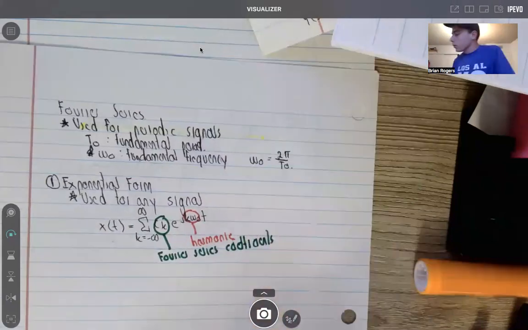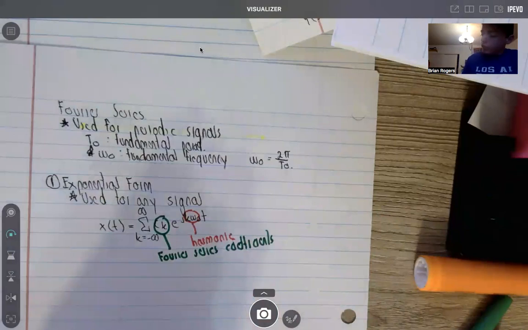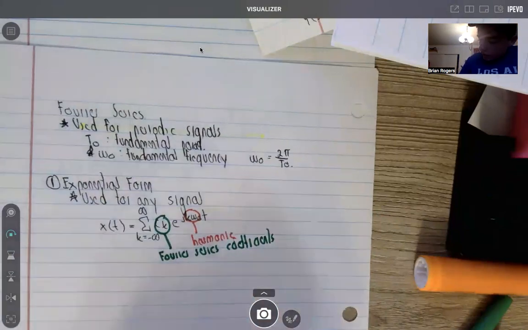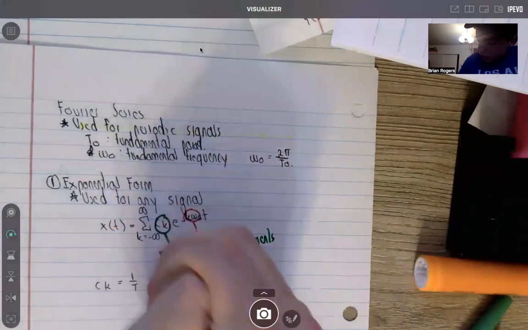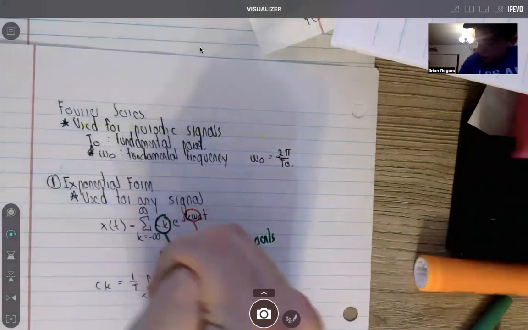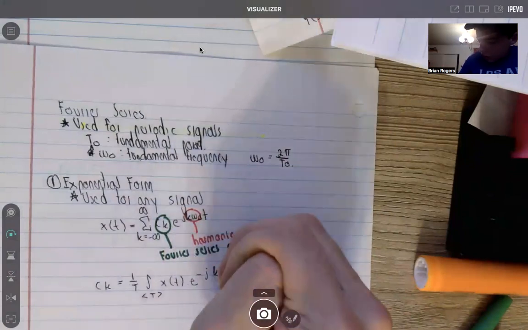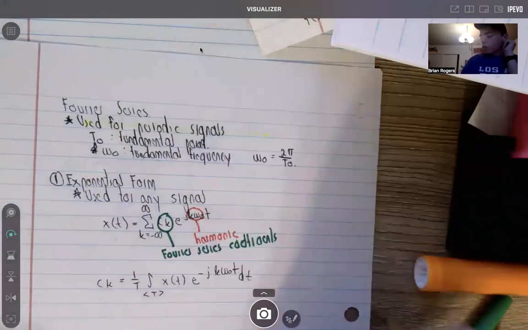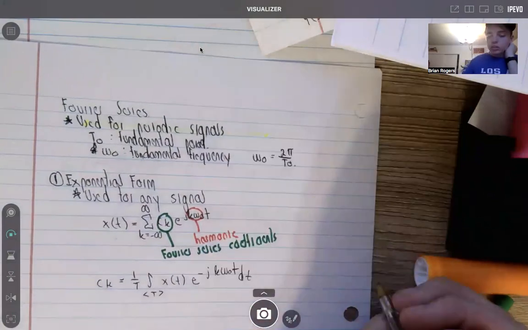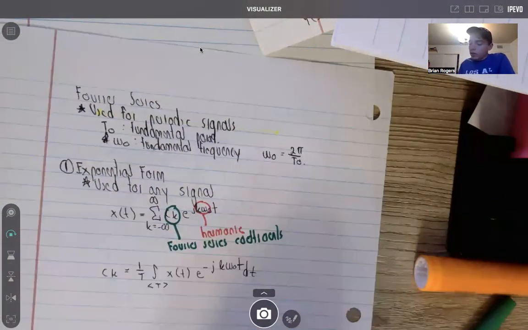And so what we're going to see is that the coefficients can be found by this form: c of k is equal to 1 over T, integral over 1 period of x of t e to the negative j k omega naught t dt. This is just over 1 period. You can use this relationship to find your coefficients.